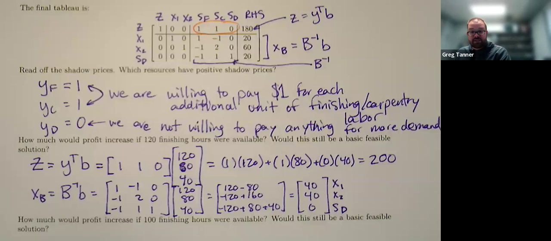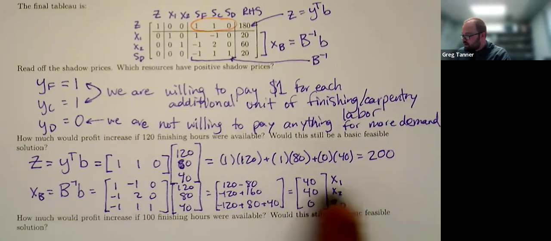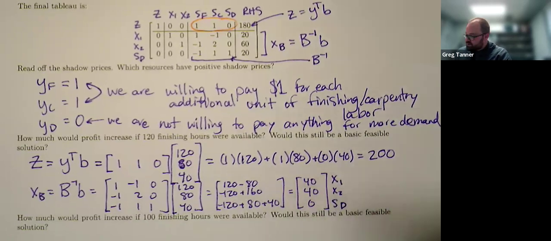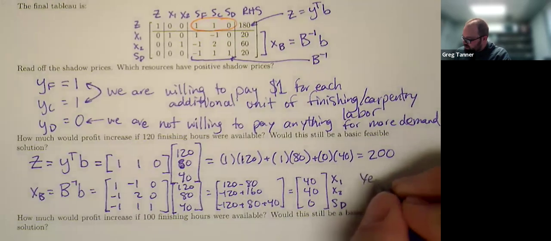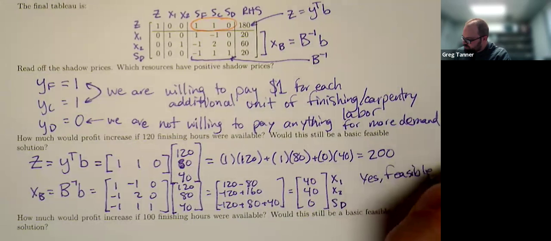Okay, so is it feasible? Well, I just need to check my basic solution and make sure that all the entries are greater than or equal to 0. In this case, they are. So the answer is yes, feasible, but barely.